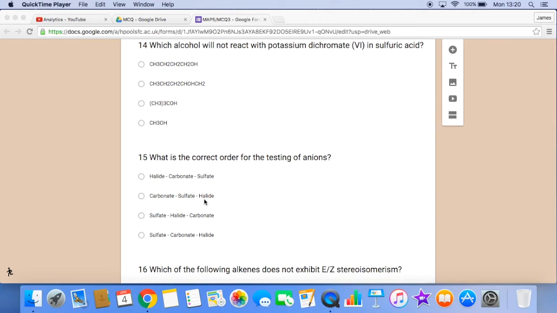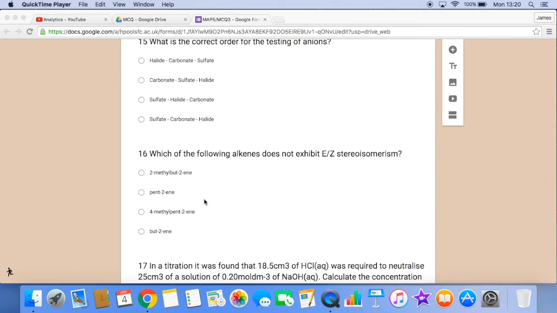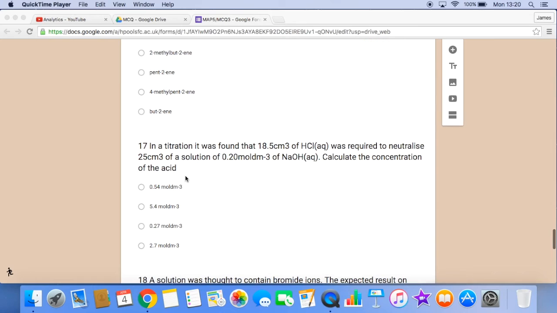Question 16, the answer was 2-methylbutene, so the first one there. Question 17, the answer is 0.27 moles per dm³.